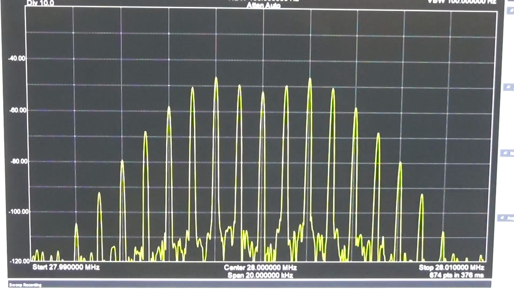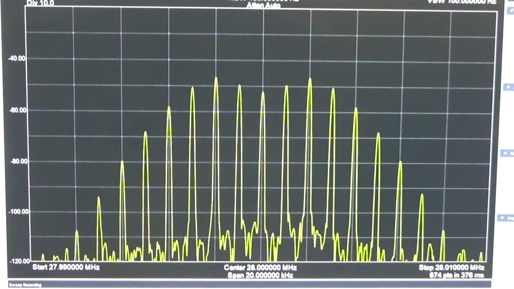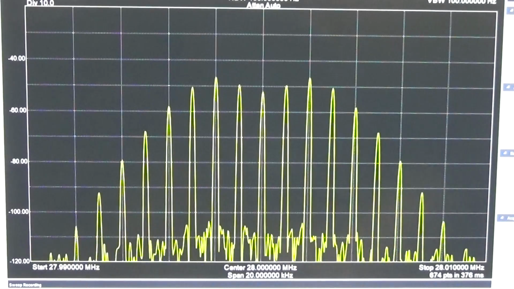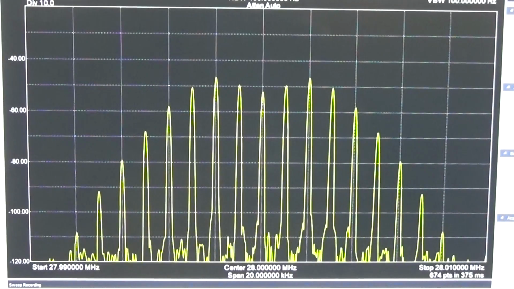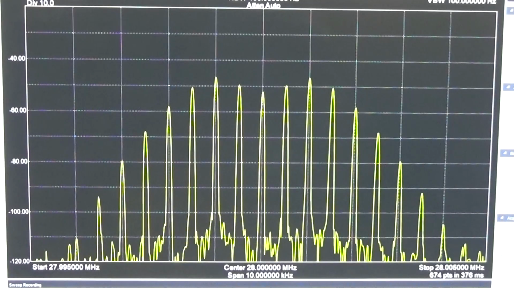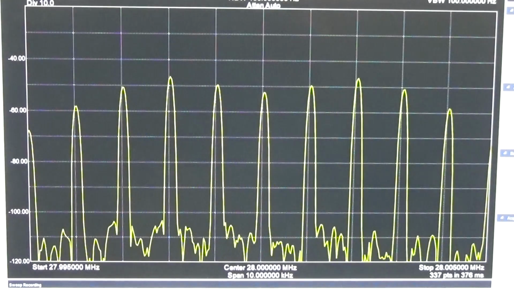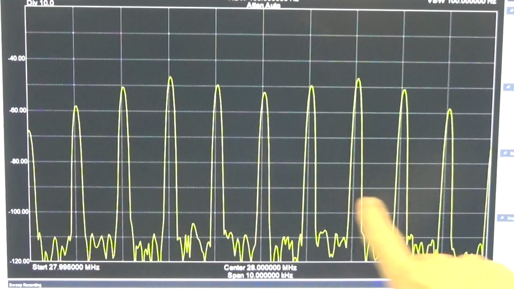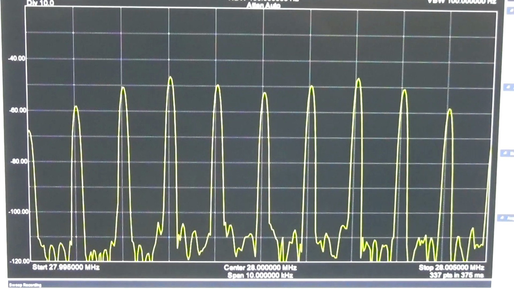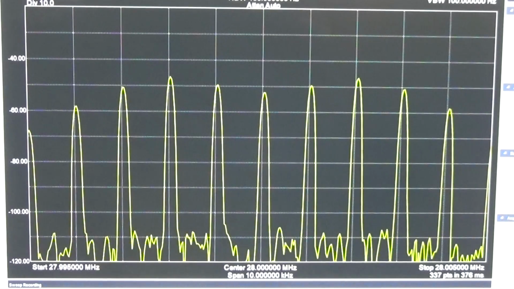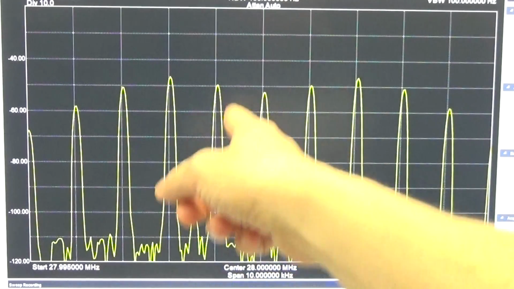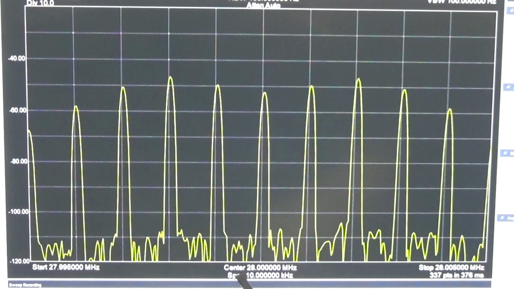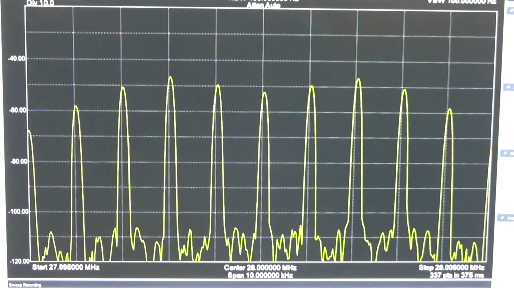So with this signal here, I put our span again to 10 kilohertz, so that is what I want to do right now. That means from here to here we have now 10 kilohertz in display, and here in the middle is our center frequency, which is, you can read it down here, 28 megahertz.